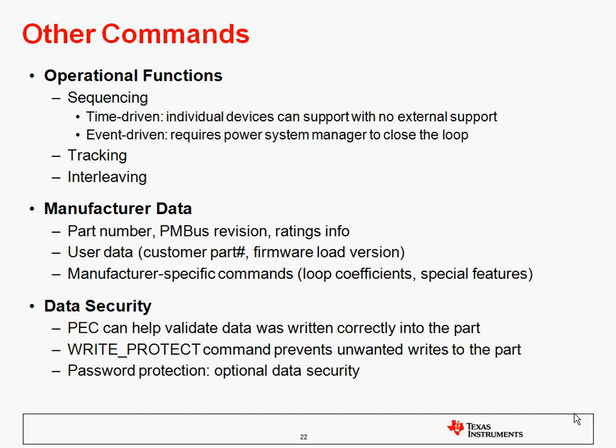And then security is a big concern. So number one, error correction can be used to validate that you have successfully written what you thought you were writing into the part. And then the write protect command can help prevent any kind of unwanted future writes to the part. And then some parts do provide password protection so that you can lock it down once you've verified that you have the correct programming inside the chip.